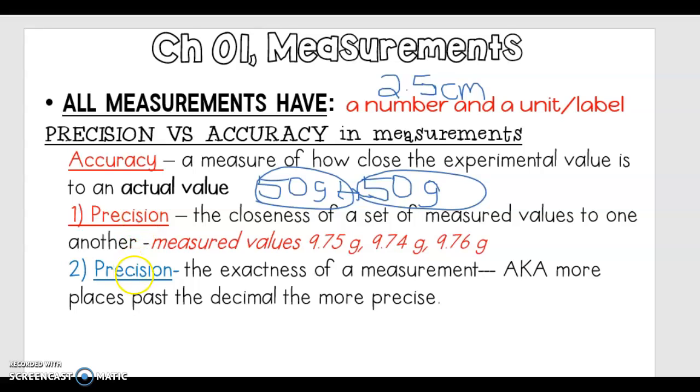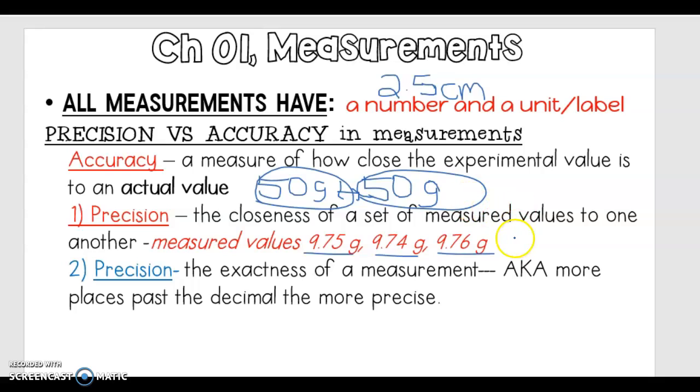Two ways you can look at precision. Precision you can think about as having two definitions. The first is the closeness of a set of measured values to one another. So 9.75, 9.74, 9.76. The fact that each of these are off by just a few tenths of a gram means that my group of measurements are precise, or we have precision.